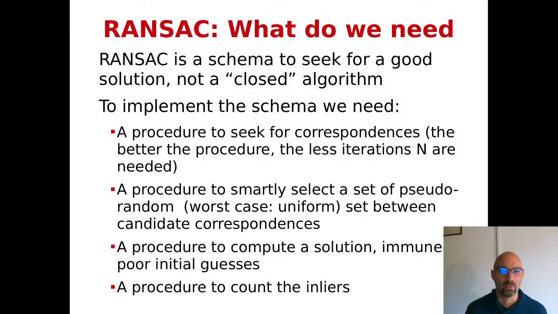First of all, we need a procedure that can select the correspondences. In our vision case, this procedure was the comparison of descriptors, or maybe another procedure. But I need a piece of algorithm that, given these two entities, shoots a potential set of matches. This and this match, this point and this point match, and so on.